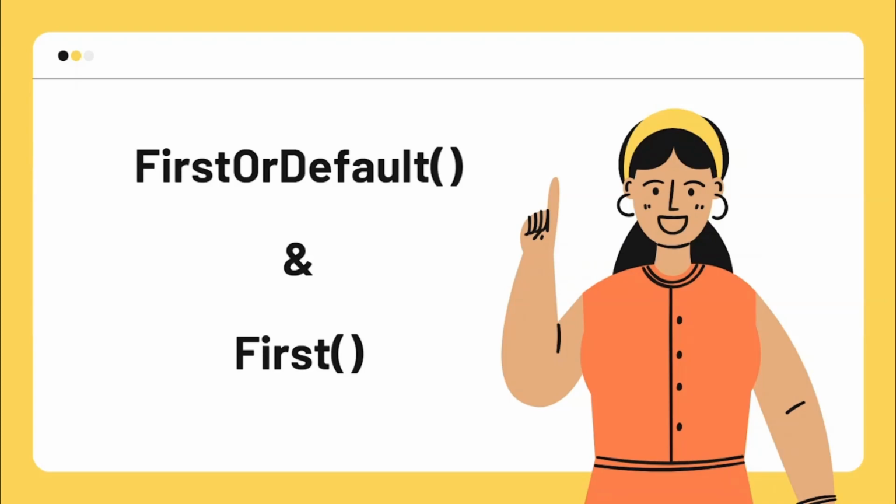Also, if there is no record in the list, it will create a default object. So FirstOrDefault and First are mostly the same. FirstOrDefault returns the first element, and First also returns the first element.